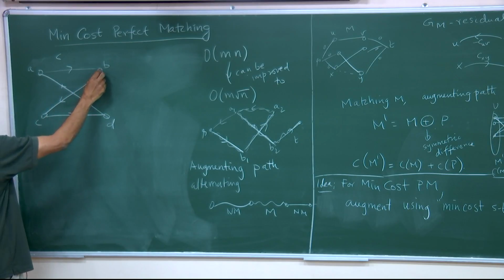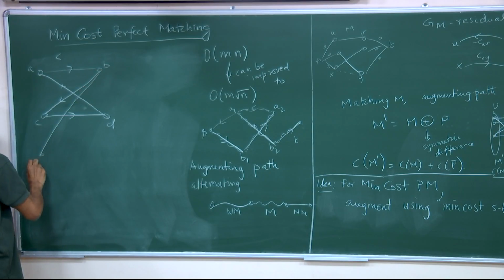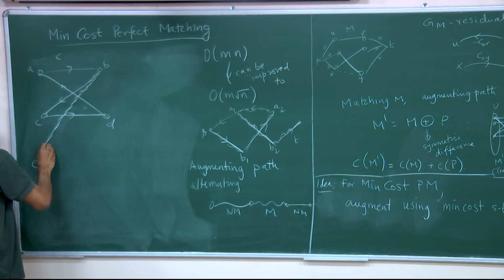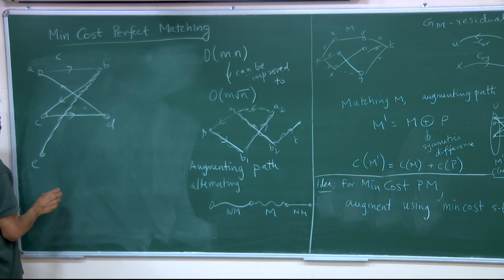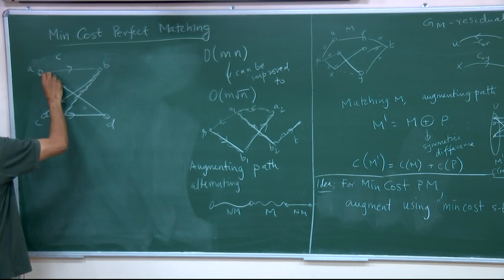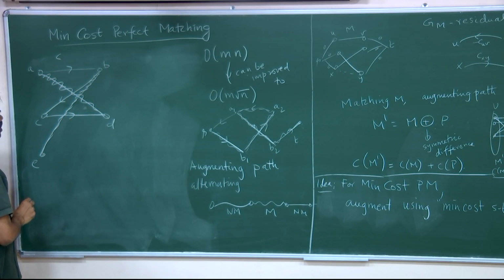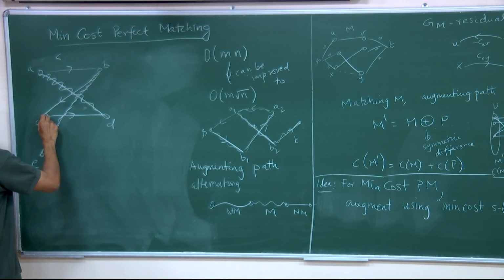So, is it possible that my M would be like this, and AD is maybe a matching edge, and maybe there is a CF.